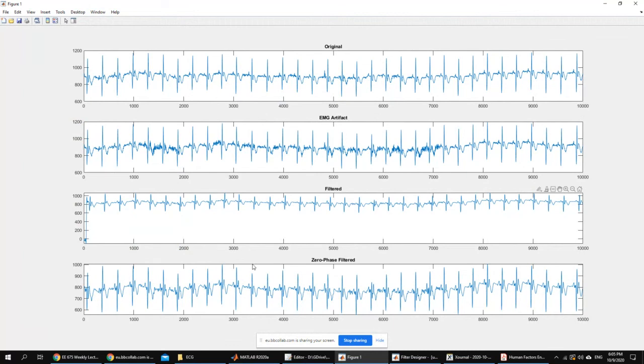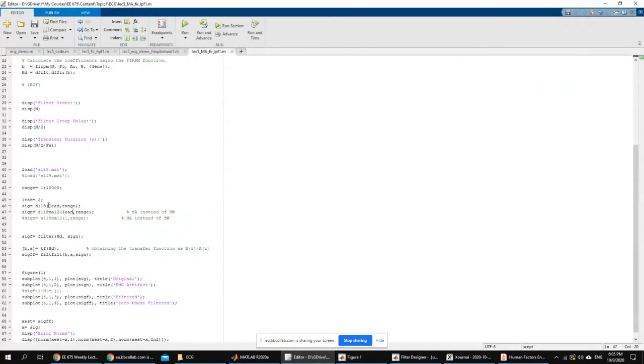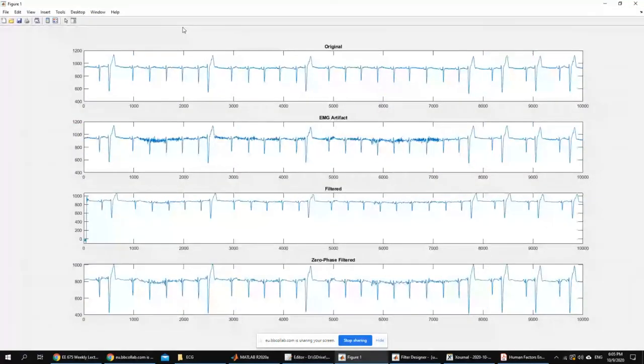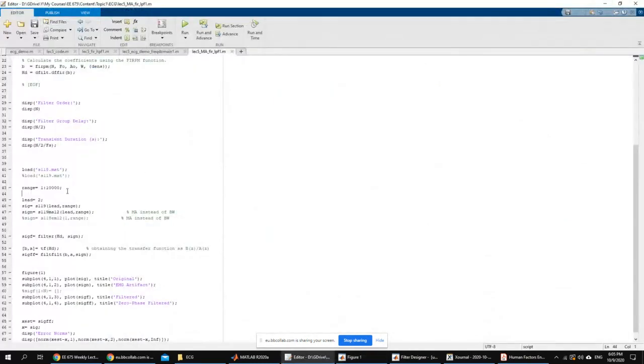It still looks okay here. So if you want to have another signal, you can try the second lead here. Or instead of 118, you can have 119, another patient. It looks very different, but it still looks okay here also. So you can try, maybe I can just comment that here.